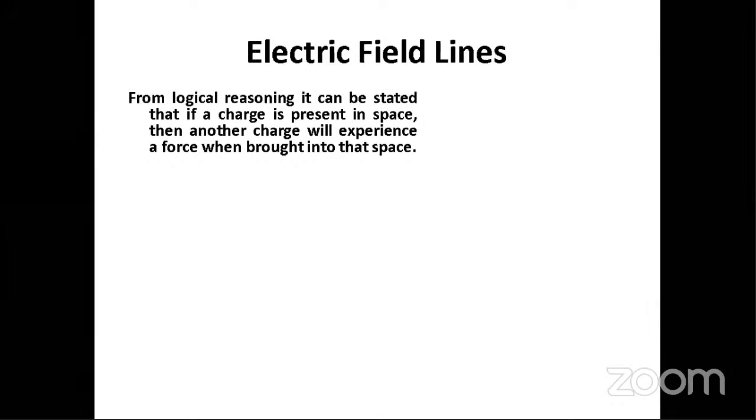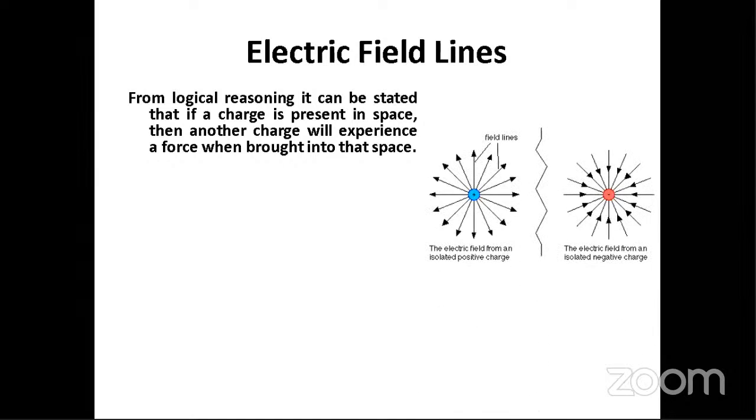This is basically called the field line. Suppose this is a positive charge and this is a negative charge. The lines are denoted such that for a positive charge the lines are outwards, and in case of a negative charge the electric field lines are inwards.